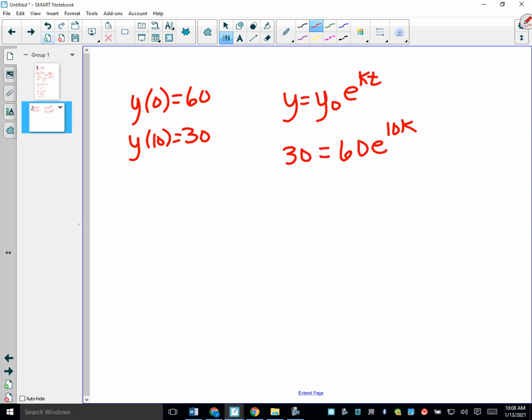Because t is 10, and y is 30. So now, could I solve for k? And then once I solve for k, I go back to this and fill k in.